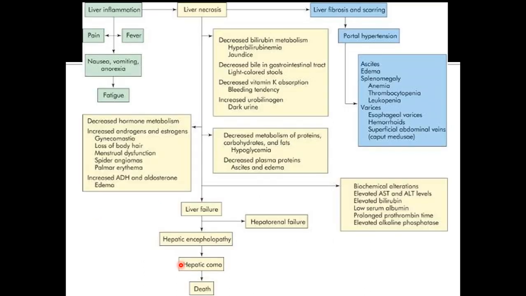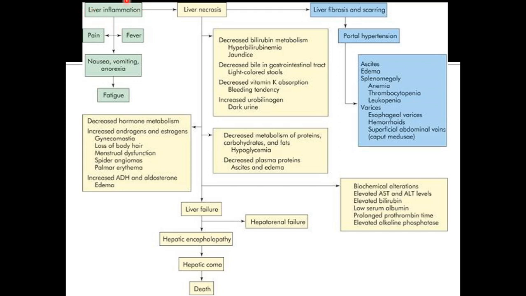So with hepatitis, whether it's caused by a hepatitis virus or it's caused by anything else that's causing liver inflammation, if it's chronic, it can lead to pretty severe medical complications. So let's look at this. We've got liver inflammation.